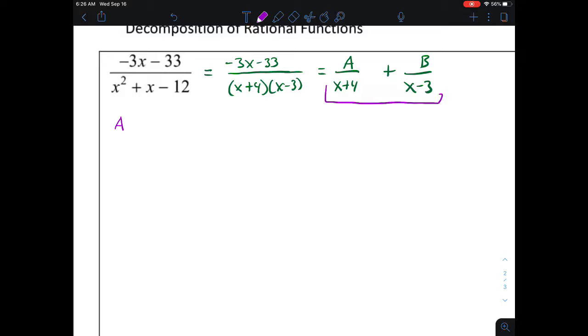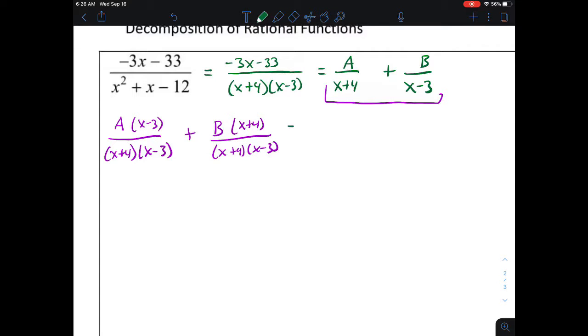So a is going to get multiplied by x minus 3, because that would give it x plus 4 times x minus 3. And b would get multiplied by the x plus 4, and that would give me my common denominator, x plus 4 times x minus 3.